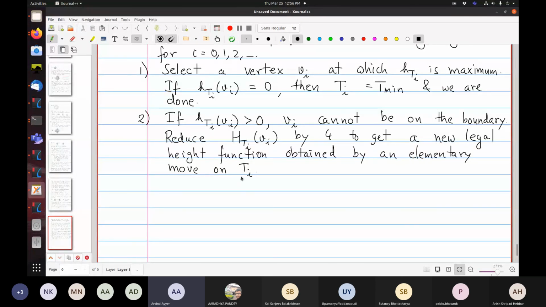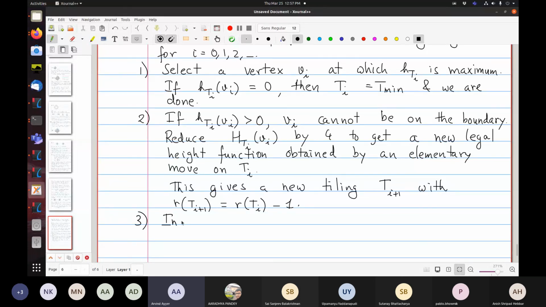So we just reduce that height by 1. This gives a new tiling Ti plus 1 with R of Ti plus 1 equals R of Ti minus 1. Now you increment i by 1 and go to start.